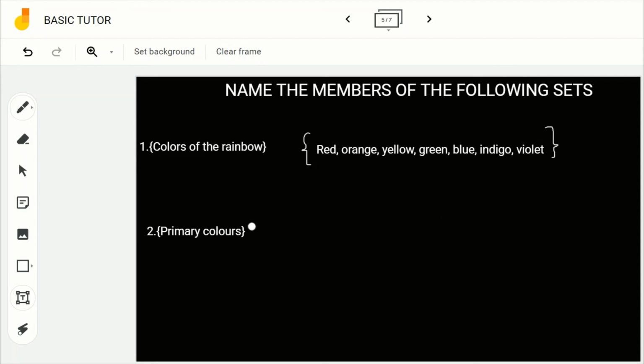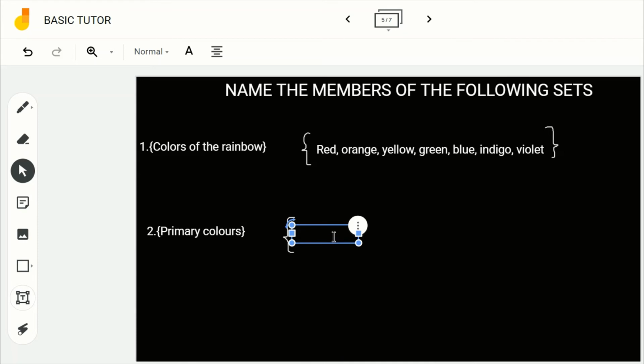Now we are given a next question to find the members of primary colors. So again, I will draw my braces. Now we have basically three primary colors, and they are red, blue, and yellow.